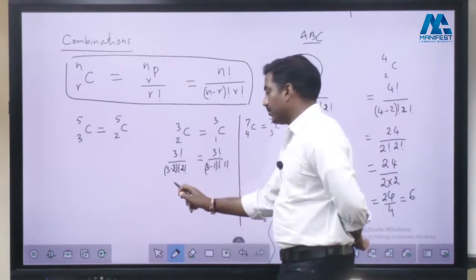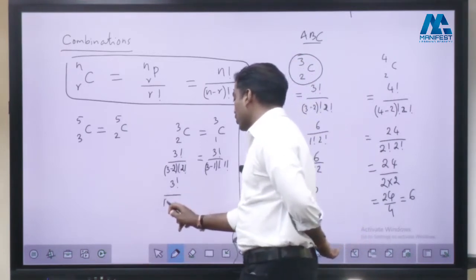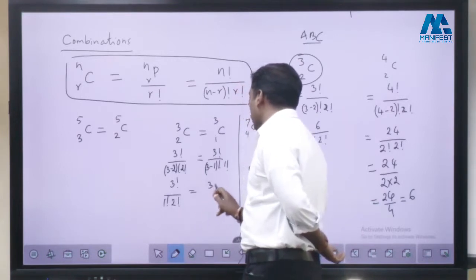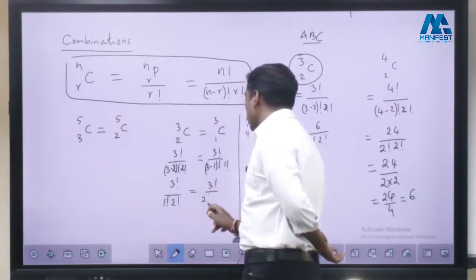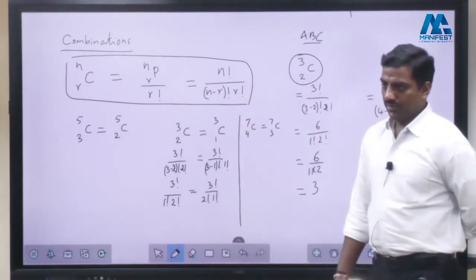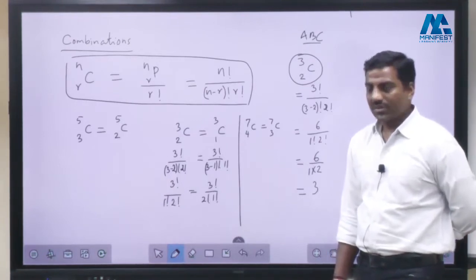So what does this mean? 3 factorial divided by 1 factorial into 2 factorial is equal to 3 factorial, 2 factorial, 1 factorial. Aren't they same? Aren't they same?